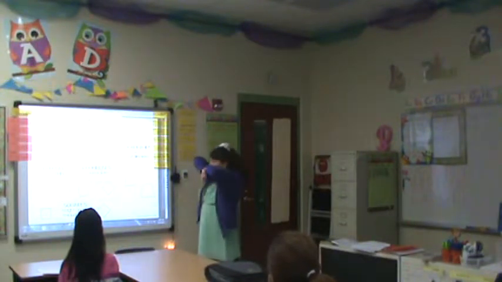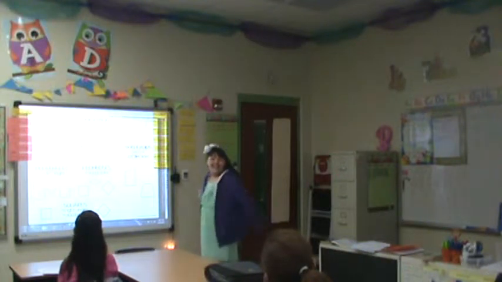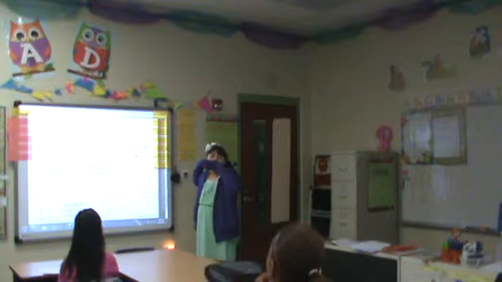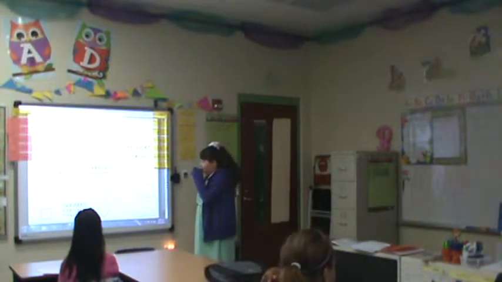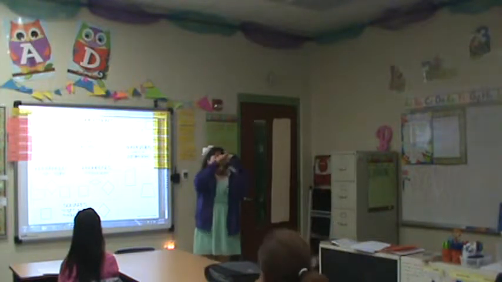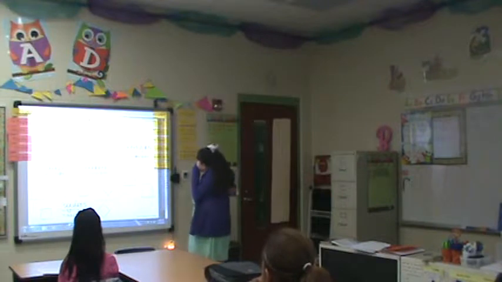Okay, let's see what you got. Square. Well, you have to do the motion with it. That's the whole idea. 4 equal sides. It does, but what motion did we use for that? 4 equal sides. Good. And what are you going to end with?